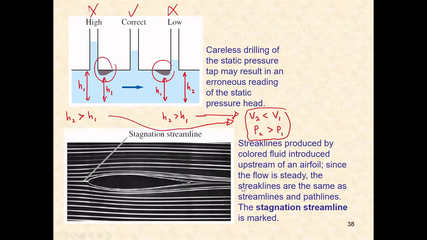But if the velocity in the river changes direction with time, the pathline will only look at the initial point where the first dye entered the river, but the streakline will show you how this dye changes direction as the velocity in the river changes.